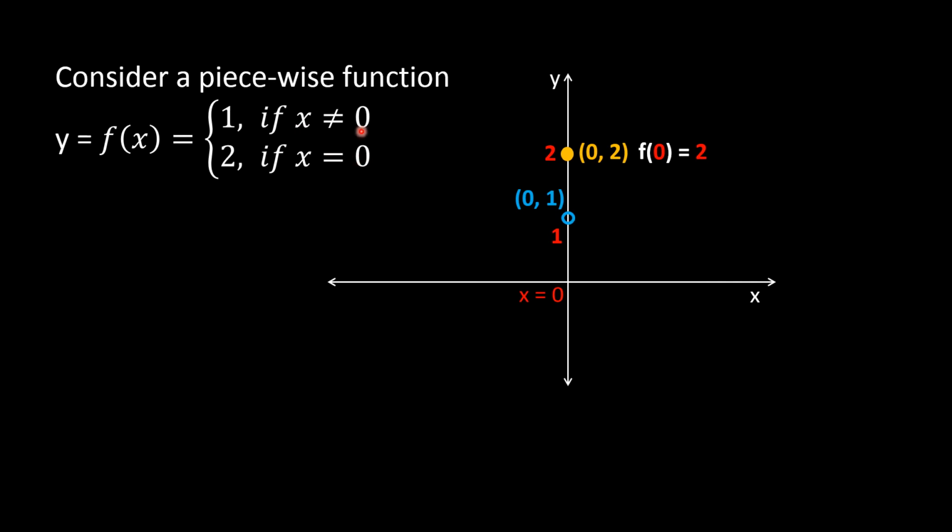When x not equal to 0, y equals 1. In order to draw its graph, we have to find the limit of f(x) as x approaches 0. So the left-hand limit, LHL, equals limit 1 as x approaches 0 negative, which will be 1. So the graph of y equals 1 will emerge from the hollow point and will extend in the negative direction of the x-axis.